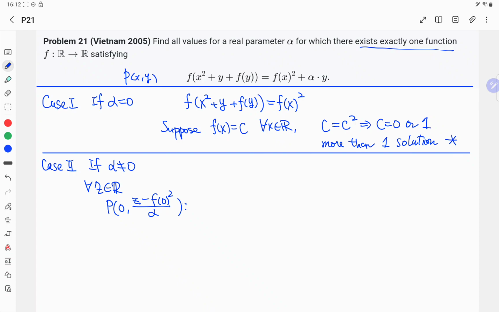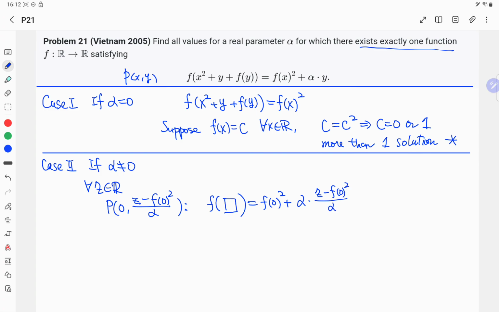We would like to prove that f is a surjective function. On the left side, f of 0 squared is 0, and then plus actually something. We don't need to care about what this stuff is. It equals f of 0, quantity squared, plus alpha times y, where y is that expression, z minus f of 0 quantity squared over alpha.